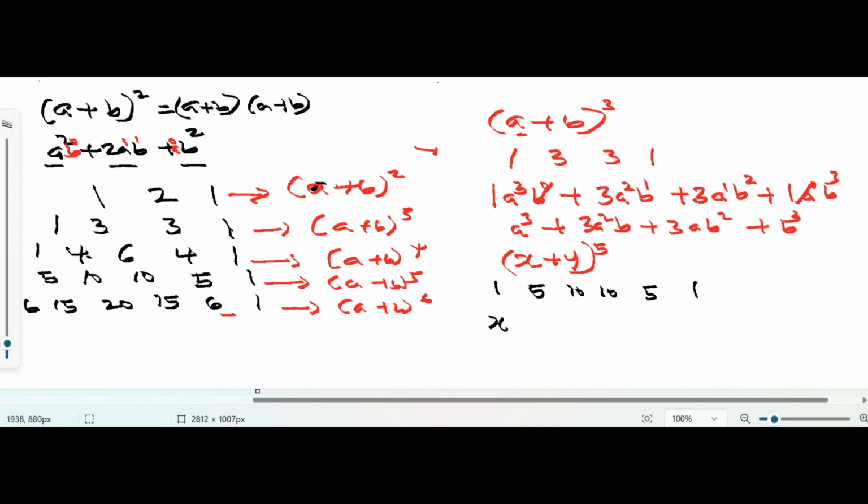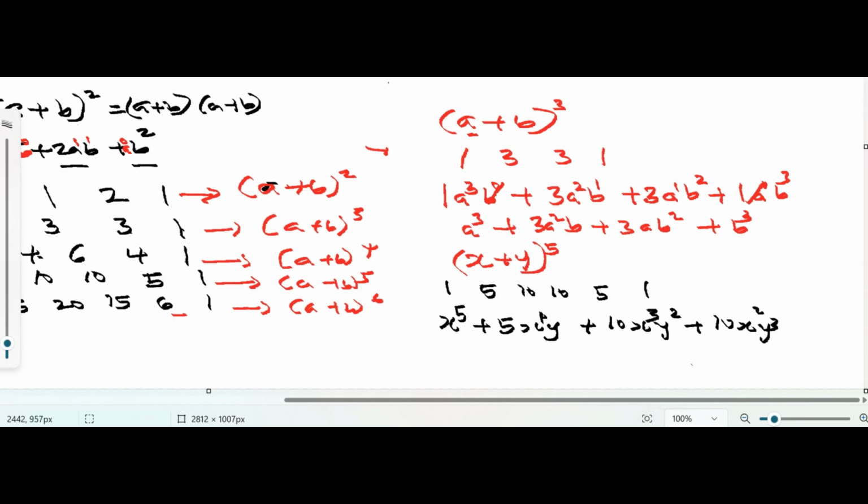So I will say x raised to power 5 plus 5 x raised to power 4 y plus 10 x raised to power 3 y squared plus 10 x raised to power 2 y cubed plus 5 x y raised to power 4 and plus y raised to power 5.